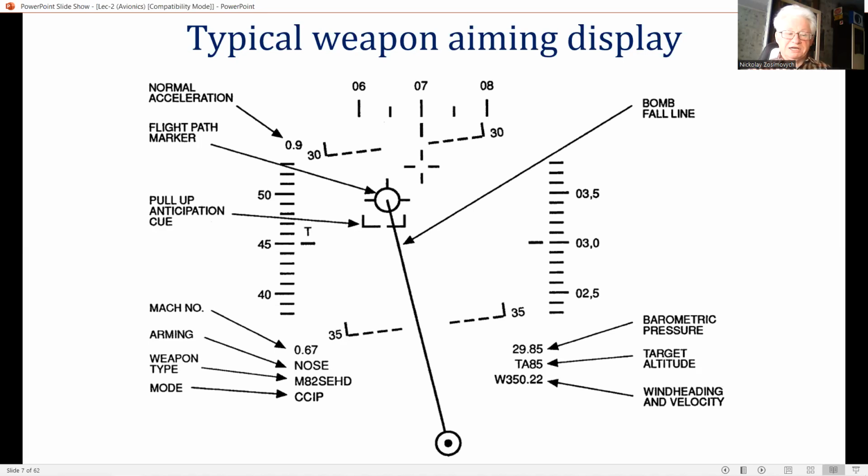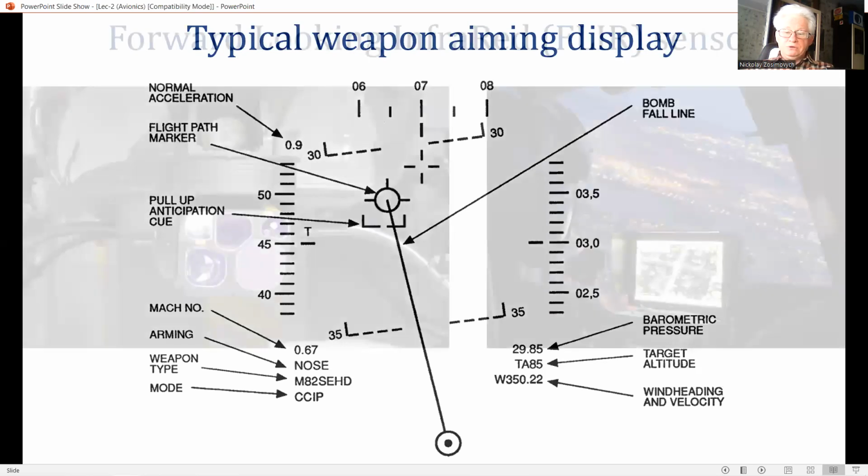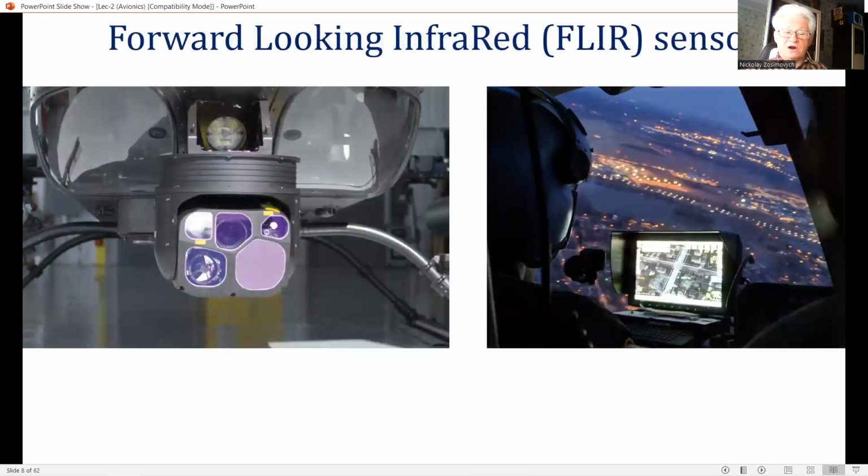This slide illustrates a typical weapon aiming display. By using a forward-looking infrared sensor, FLIR, an electro-optical image of the scene in front of the aircraft can be overlaid on the real world scene with a raster mode HUD.